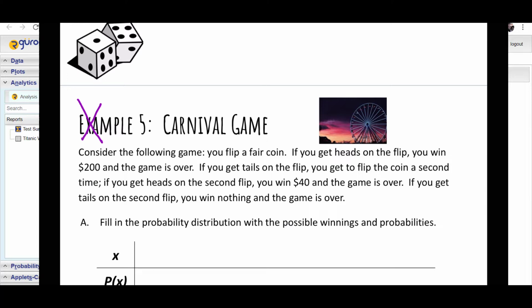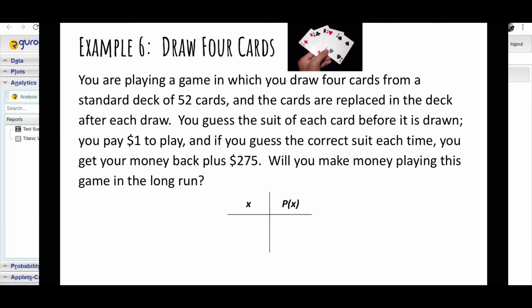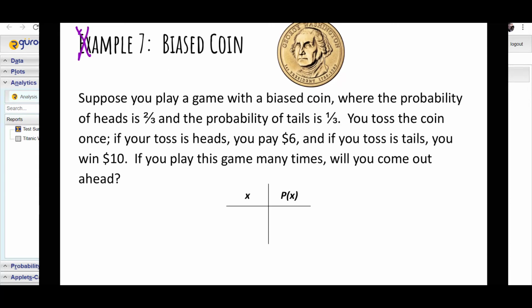All right, so you can, on your own, practice example 4. Unless you really want to do it, you can skip example 5. You can also skip examples 6 and 7, although I will have these worked out in the notes for you should you want to do those.